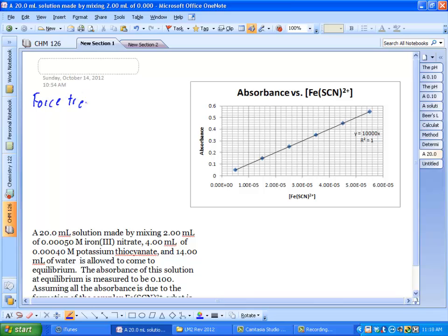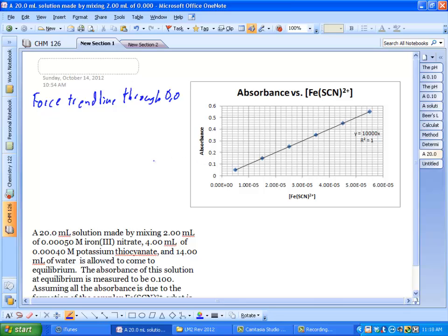So you force the trend line through 0, 0. One of the ways you can tell is that there's no intercept. All we're given is y equals 10,000x. If I hadn't done that, what I would get is y equals 10,000x plus whatever the y-intercept is. So that's one of the ways you check this out.